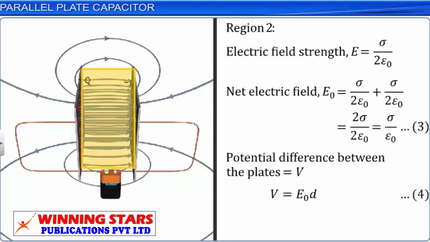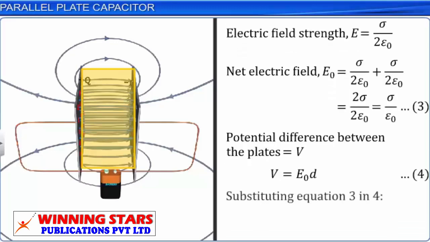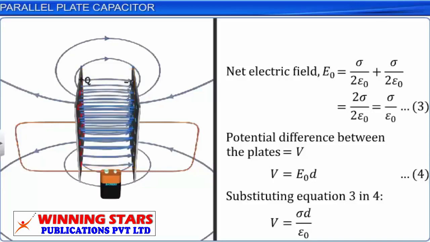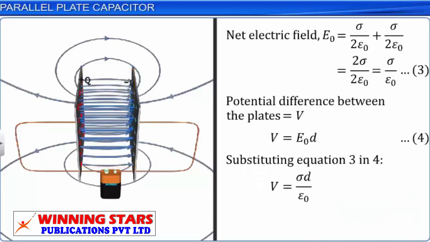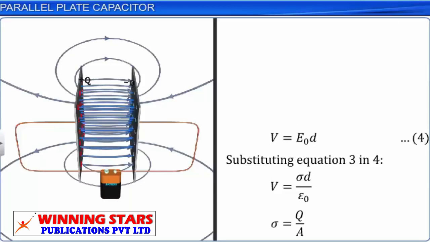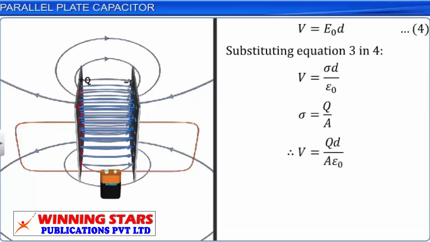Substituting equation 3 in 4, we get V is equal to sigma d by epsilon naught. But we know that the charge density sigma is equal to Q by A. Therefore, V is equal to Qd by A epsilon naught. Let this be equation 5.